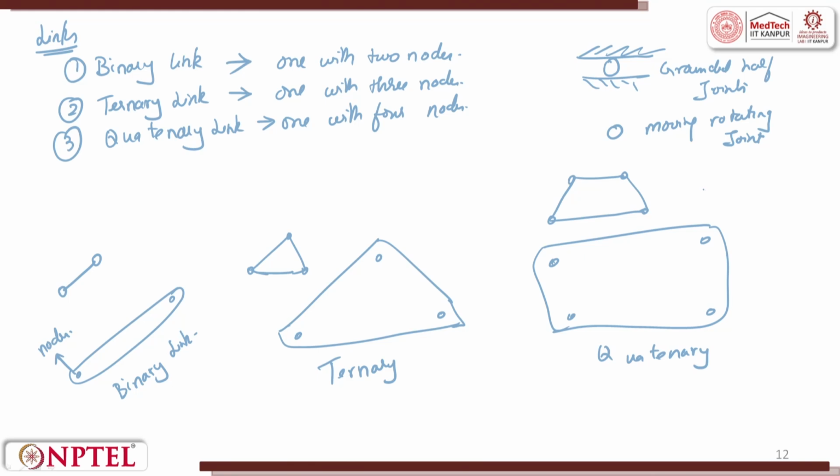Then you can have grounded, I said half here, you can also have a grounded full joint or grounded rotating joint, you can have this. So, these are all the different joints that are there, so that the links can be added and give motion. Okay. Now, let us try to figure out degrees of freedom.